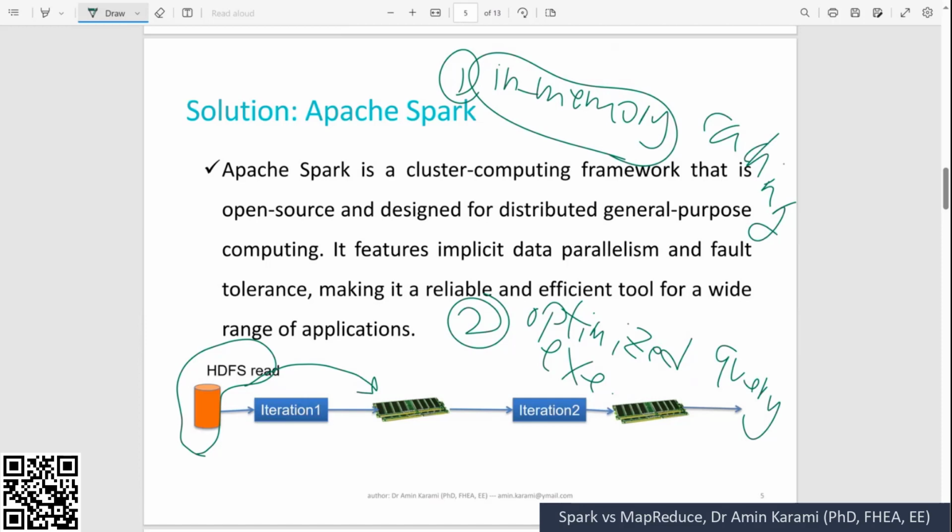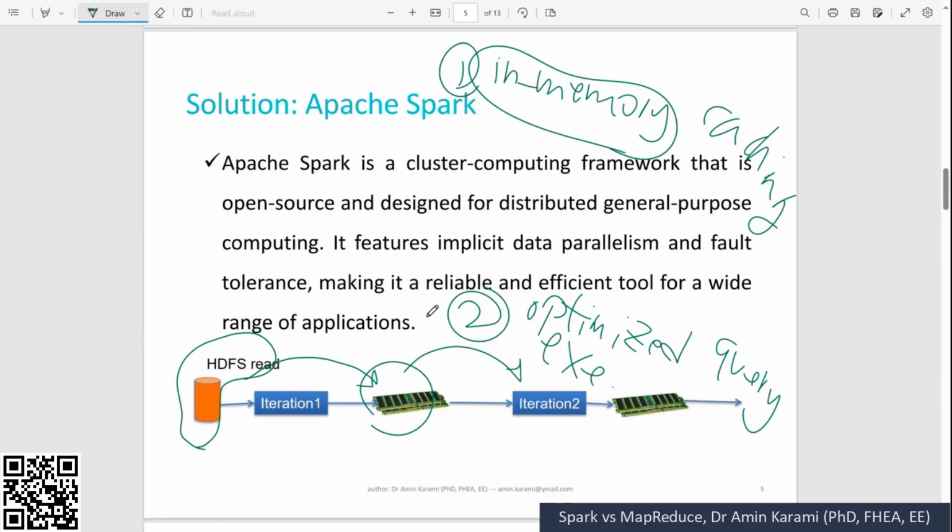Or in the cache. And then you again use the data for the second iteration and so on. So this is really a big difference between Apache Spark and Hadoop MapReduce. All right, taking over hard disk and memory.